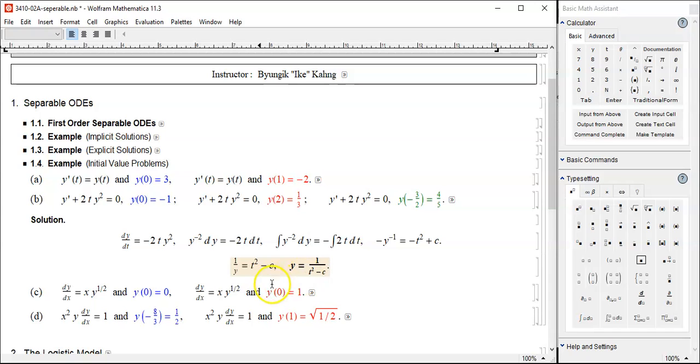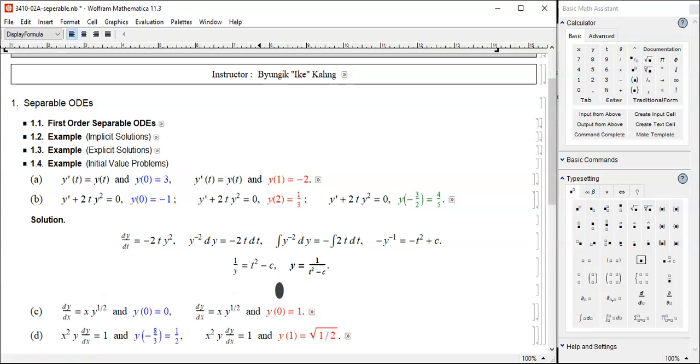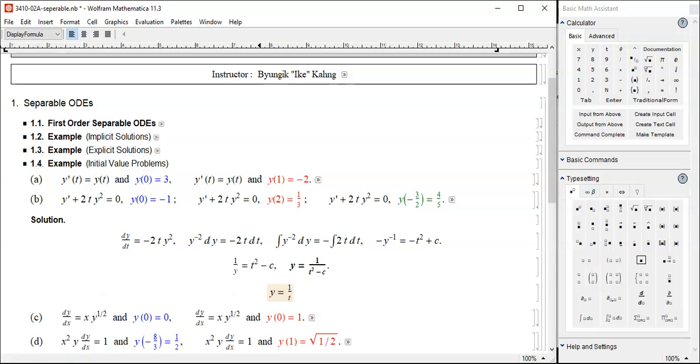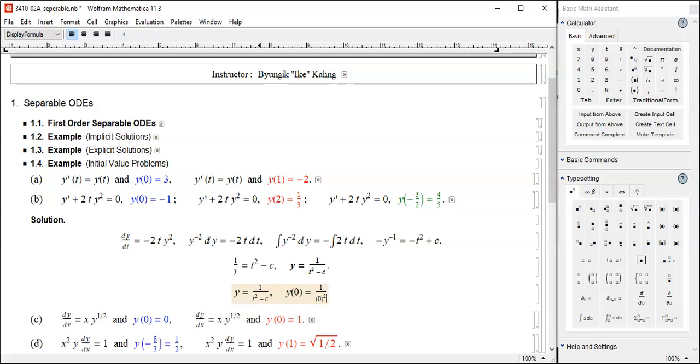But let's forget about the trouble and just go ahead and do this. Okay, all right. y is equal to 1 over t squared minus c, and over there I'm going to plug in y of 0 equals negative 1, which is equal to 1 over 0 squared minus c. So c is equal to 1.